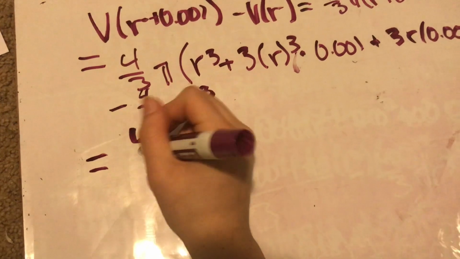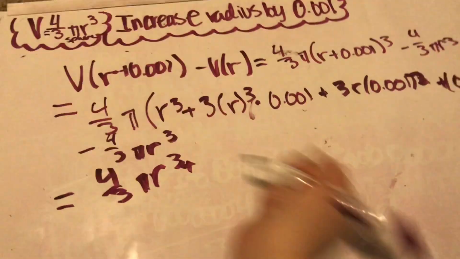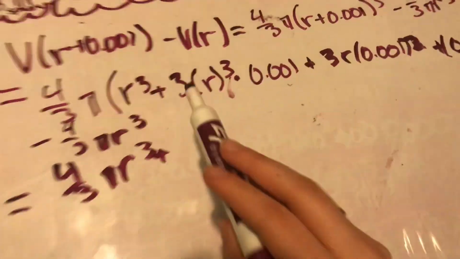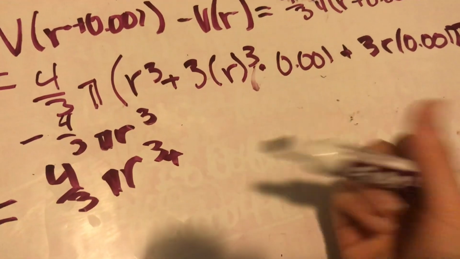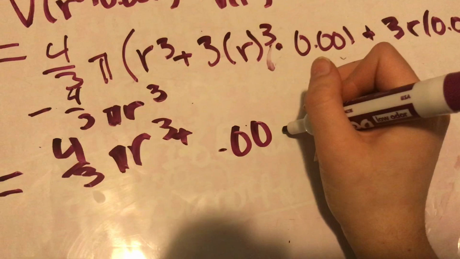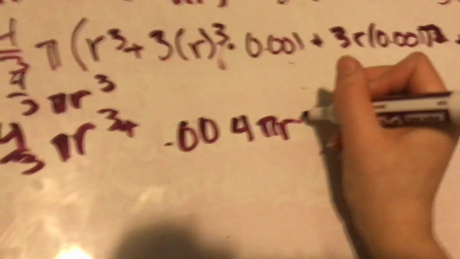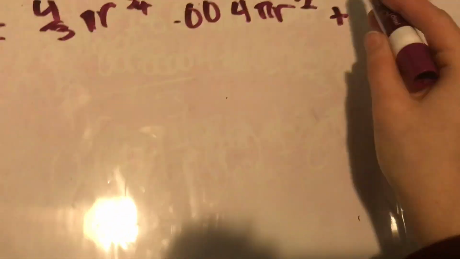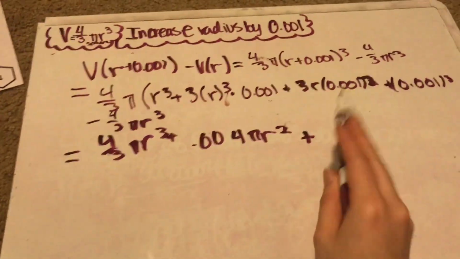So we get 4/3 pi r cubed plus, so we do this out here, remember the 3 and the 3 cancel out, so it's just going to be that times 4. So it's going to be 0.004 pi r squared plus, and then the same thing over here, the 3 is going to cancel out, but we're still multiplying that by 4.